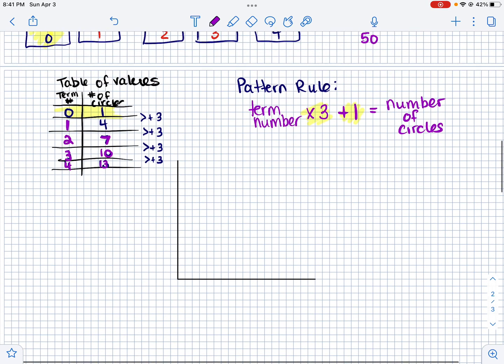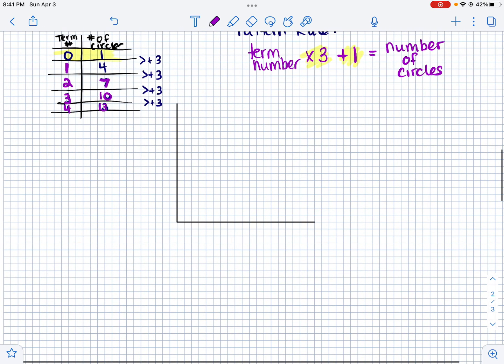Okay, and let's graph it. So we would put term number on the bottom, and then number of circles on the side. And then we would find something to go up by. So I'm just going to do up by 1s on the bottom.